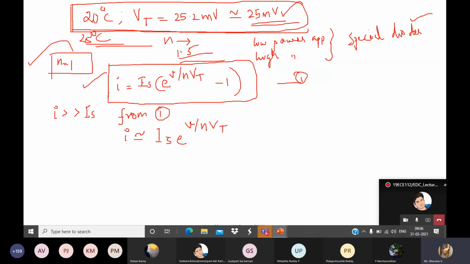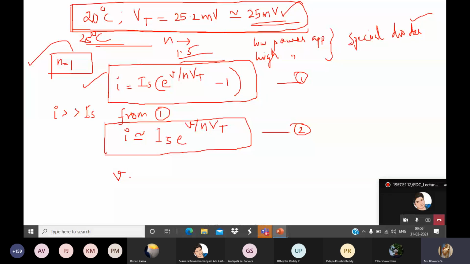So I is very much greater than IS, so this IS can be cancelled, ignored. So I is approximately equal to IS e power V by NVT. Normally we will use this equation in almost all the numerical problems because always this diode current will be greater than the saturation current. Did you understand this equation? Yes, ma'am.